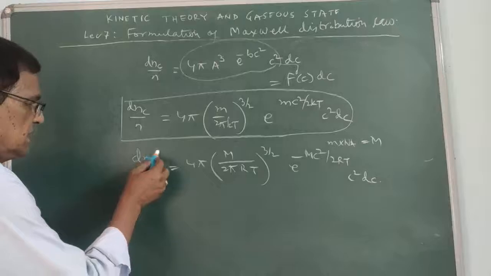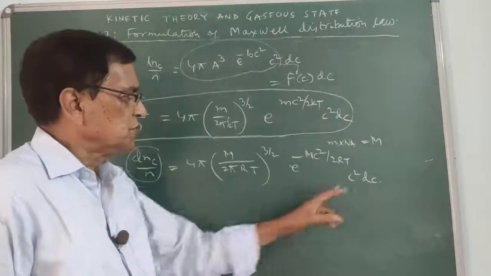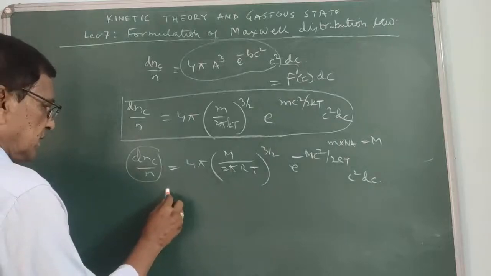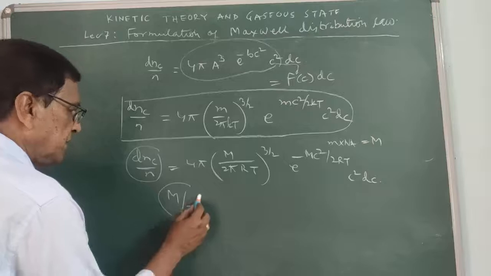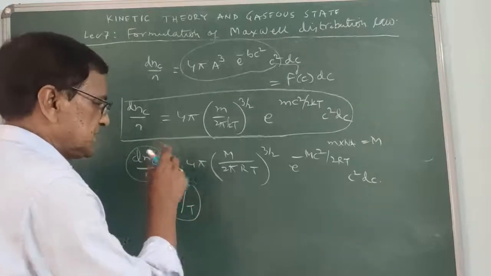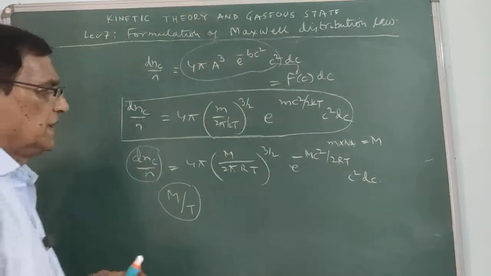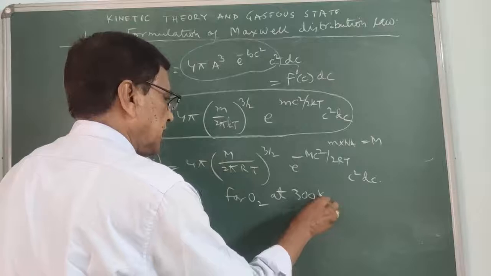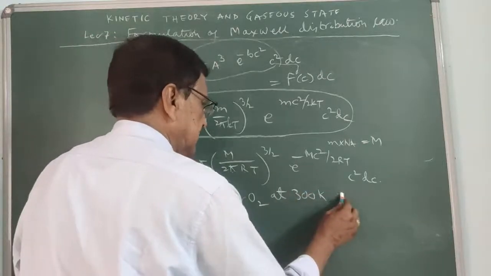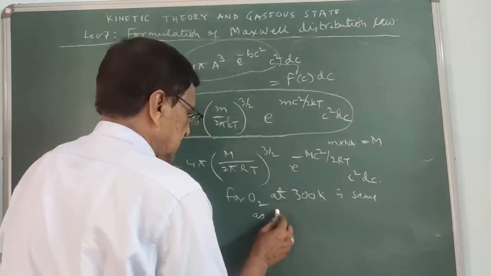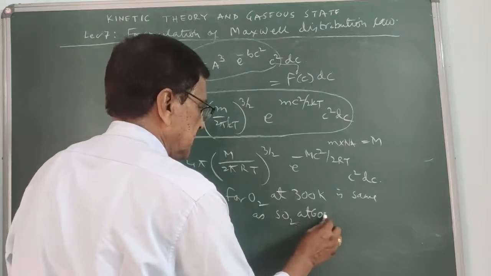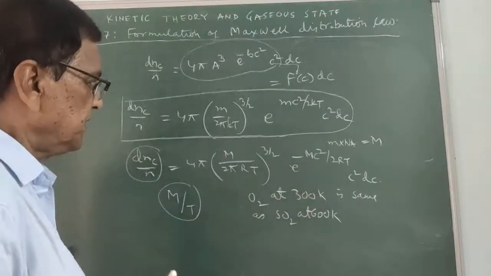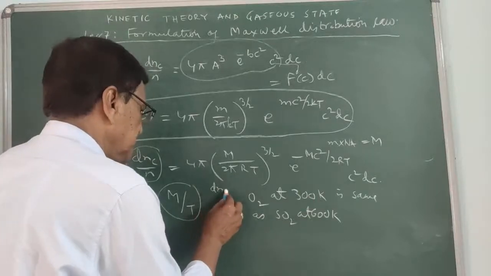So actually this fraction or probability of a molecule to have the speed c to c plus dc depends on the molar mass and the temperature, or more precisely it depends on M by T. So actually the same fraction of molecules having this speed, say for oxygen at 300 Kelvin, is the same as sulfur dioxide at 600 Kelvin.